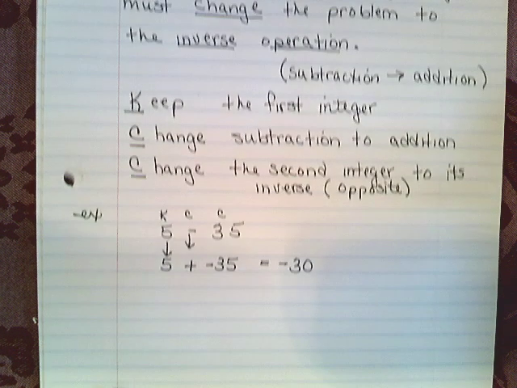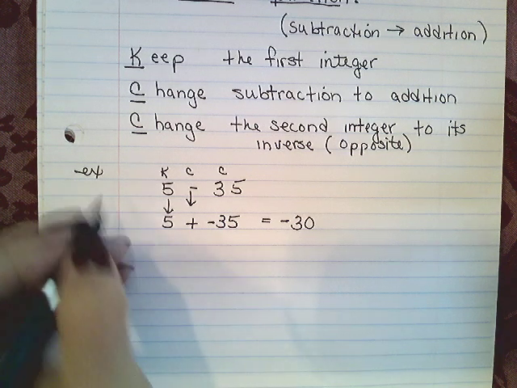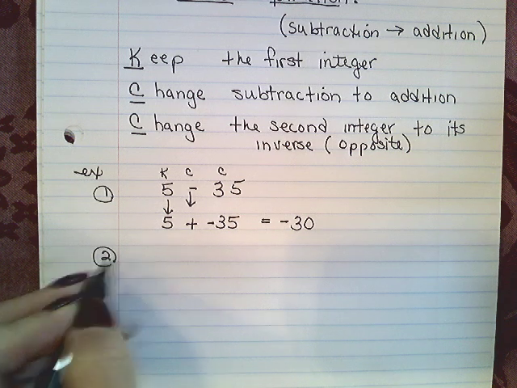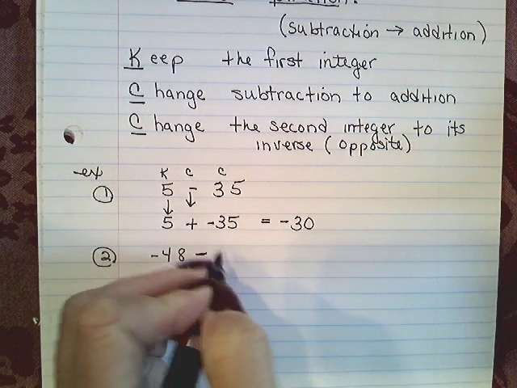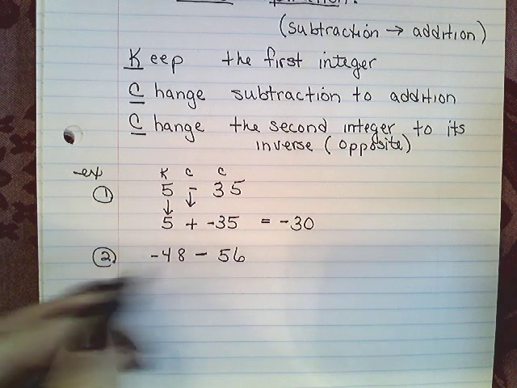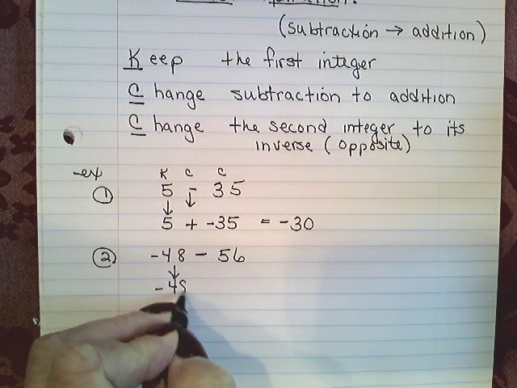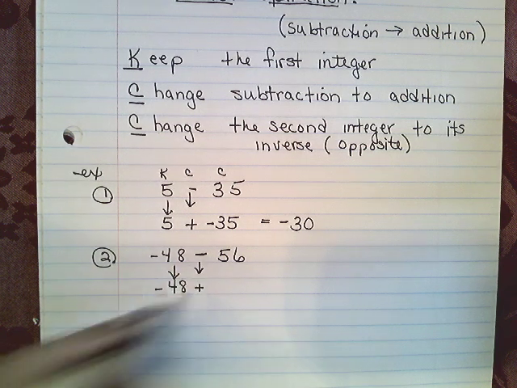All right, let's keep trying. We're going to do a few examples. So this would be example 1. Let's do example 2. So example 2 would be negative 48 minus 56. So we're going to keep the first integer. We're going to change subtraction to addition.